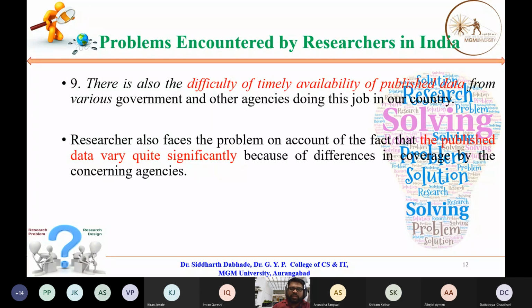Sometimes they have an institute-level subscription. If you want to purchase individually, it costs a lot. If an individual researcher pays for purchasing research articles, it will be very costly.